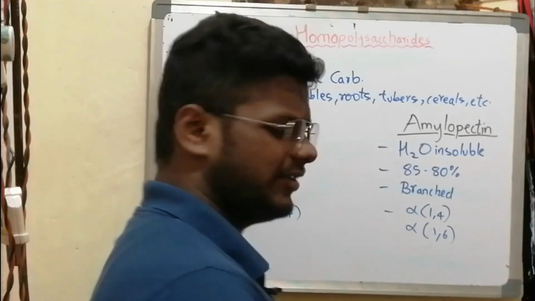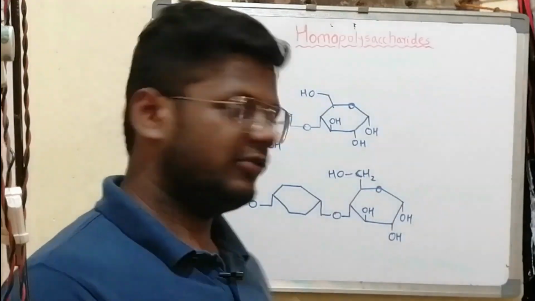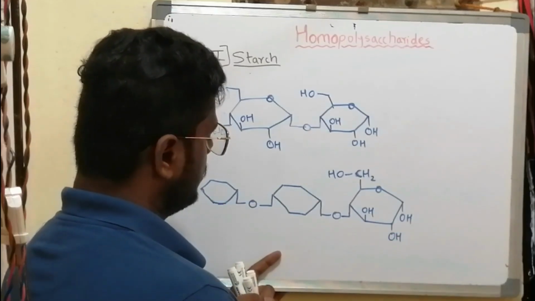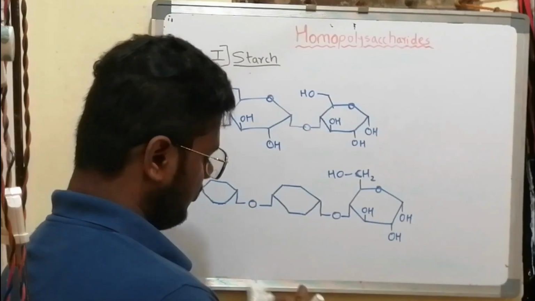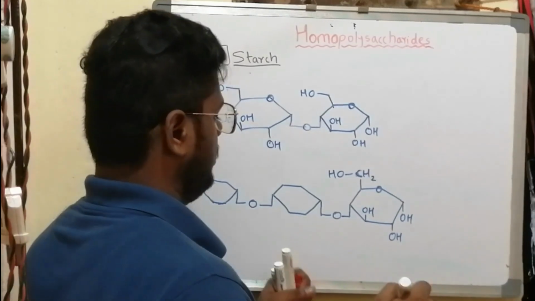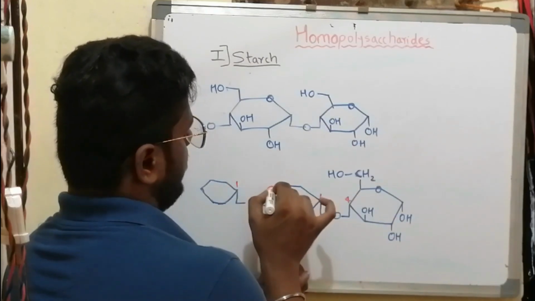So it looks somewhat like this. So in amylose we know there will be only a linear chain of starch, so there will be only bonds between C1 and C4, C1 and C4.